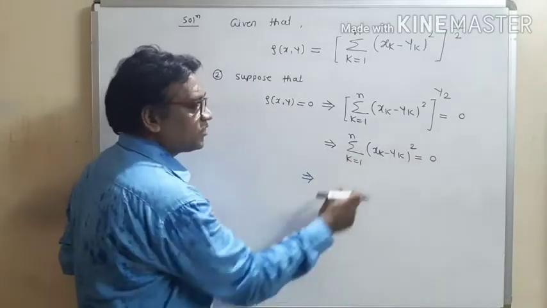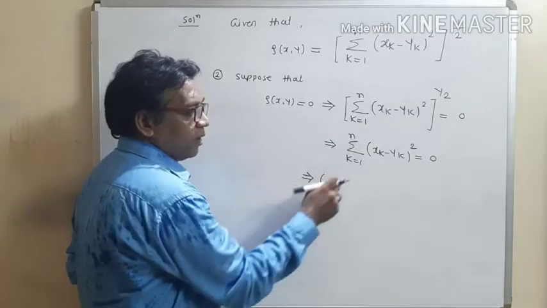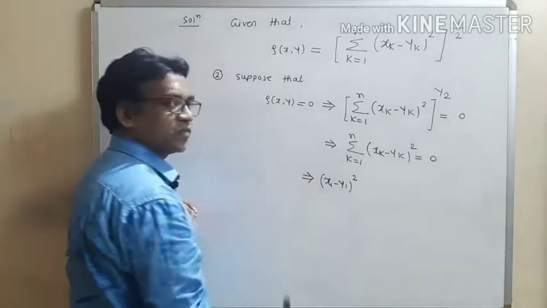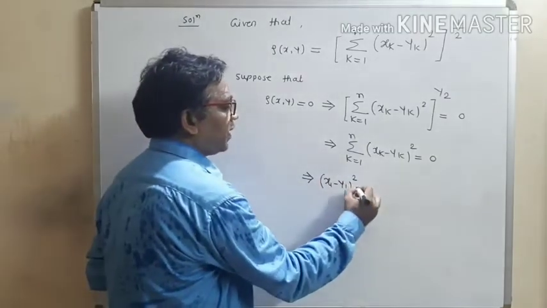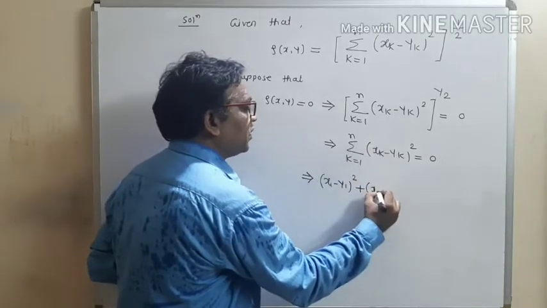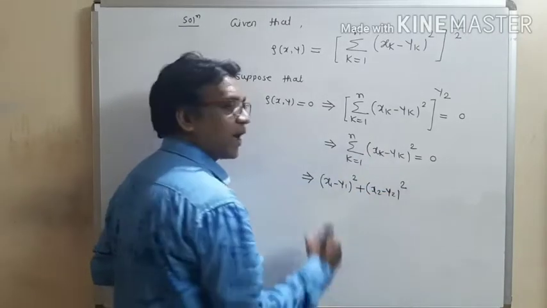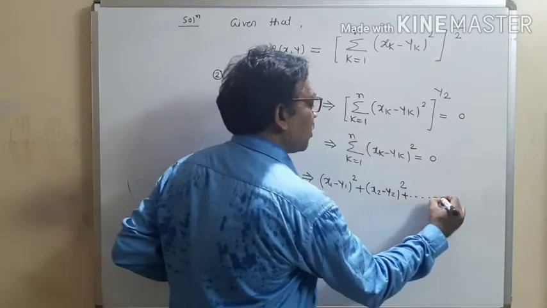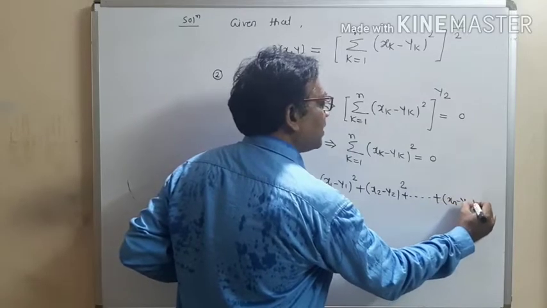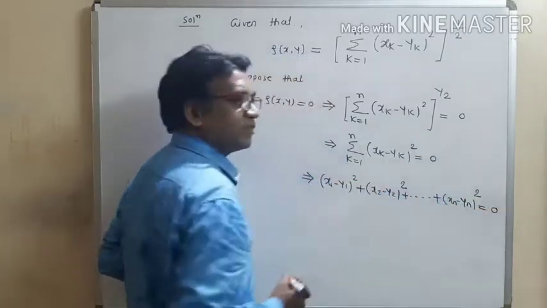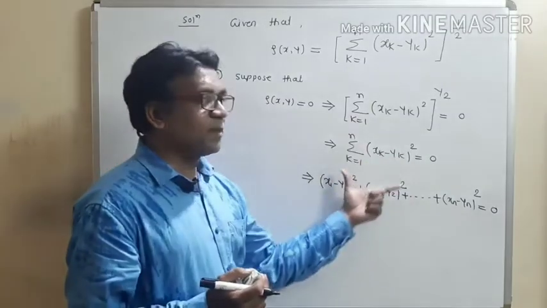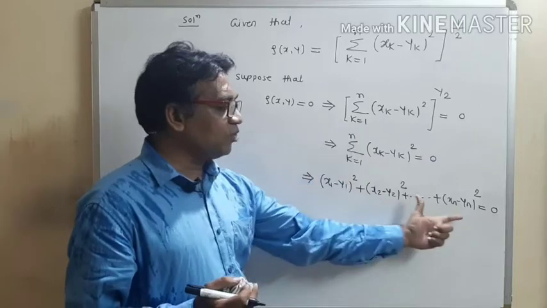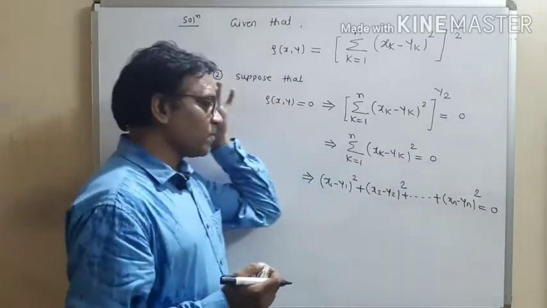So this is (x1 minus y1) whole square, plus, put k is equal to 2, (x2 minus y2) whole square, plus dot dot dot, plus (xn minus yn) whole square, equal to 0. Just expand this summation, put k is equal to 1, k is equal to 2 and the last value k is equal to n. So this is our expansion.